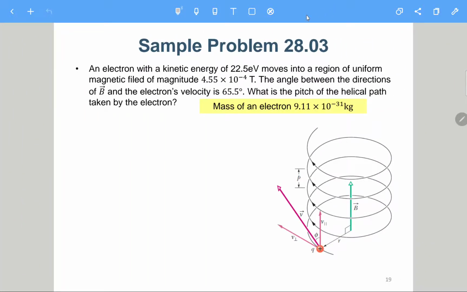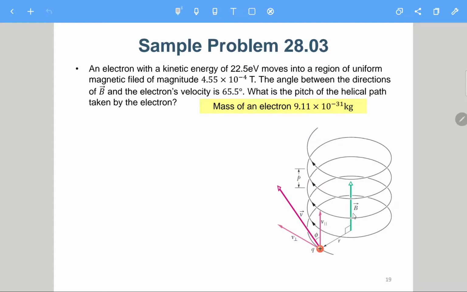Now this sample problem is a bit more complicated. The charge entered the field not perpendicular to the B field.